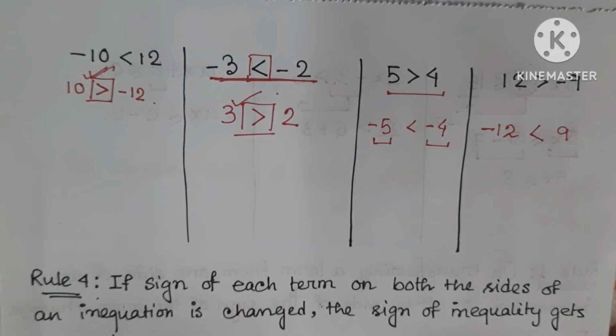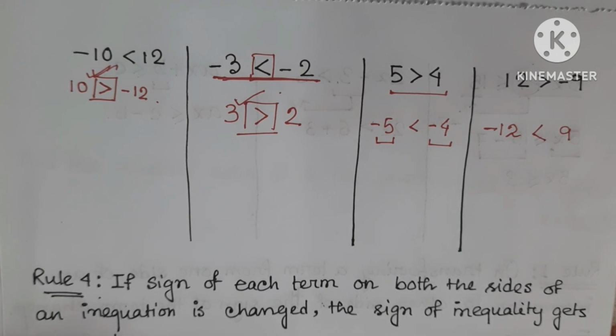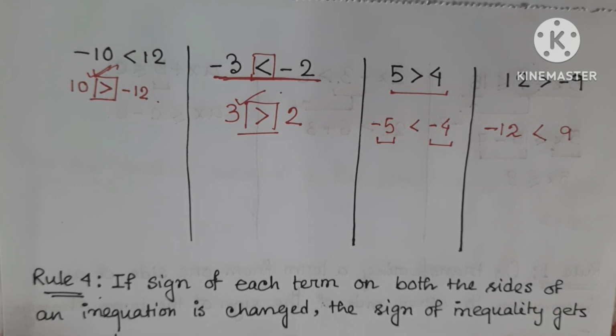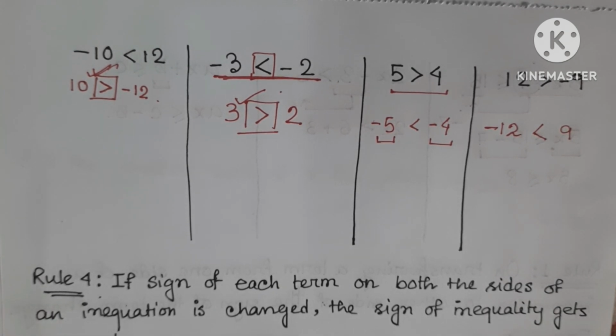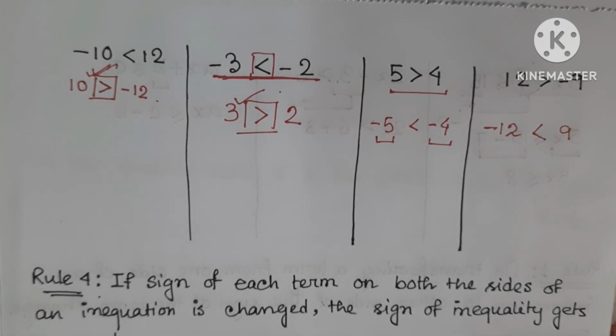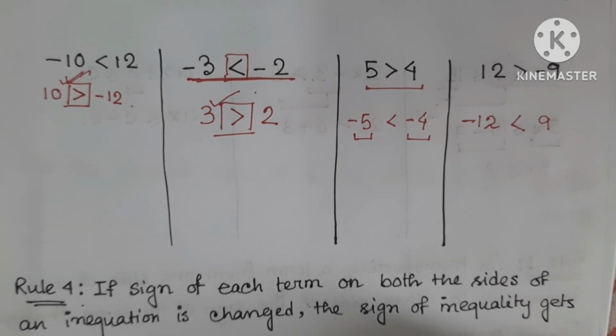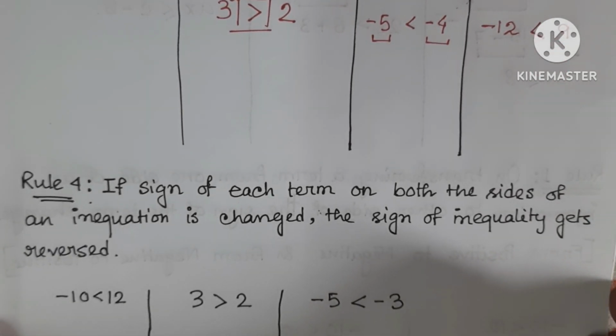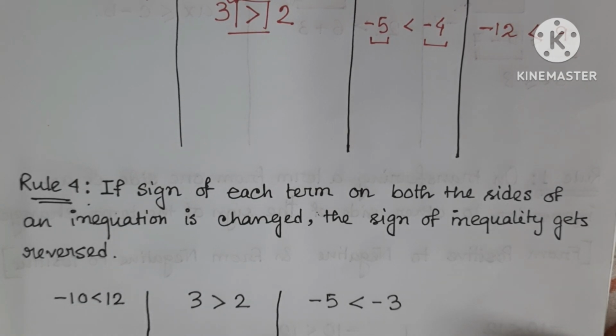So we have seen that if the sign of each term on both sides of an inequation is changed, then the sign of inequality also changes, right? So come to rule number 4.